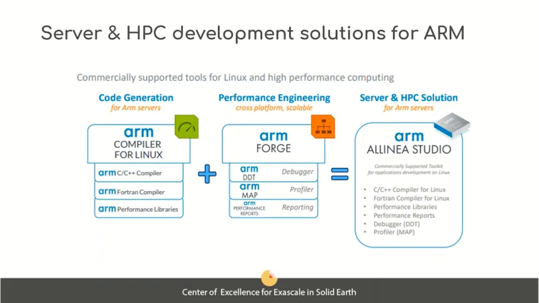Having such a software environment is really interesting as it helps to port and optimize applications easily on ARM architecture. There are also LLVM and GCC that are supporting ARM as a compiler.